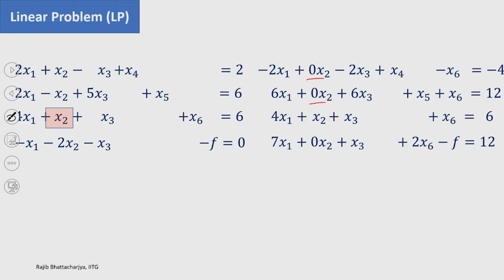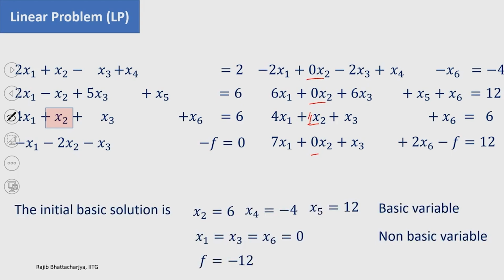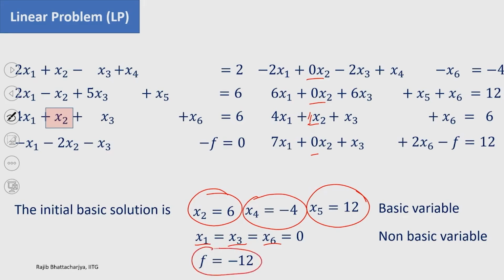Here we are getting 0, 0 and this is 1, okay, and this is 0, and now the solution is that x2 equal to 6, x4 equal to minus 4, x5 equal to 12, and x1, x3 and x6 are non-basic variables, and f equal to minus 12. You just see. Now we are not getting a feasible solution again, because this is not acceptable. Okay. So, x4 equal to minus 4. So, we are not getting a feasible solution.